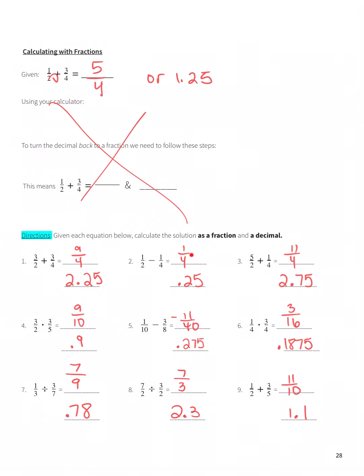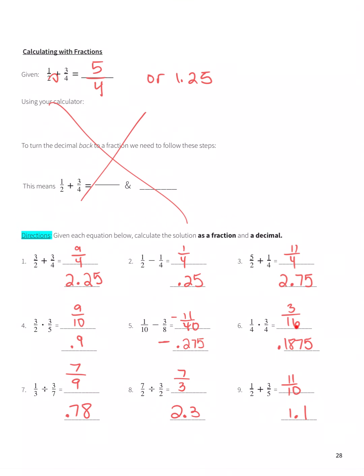So number 2, 1/4 or 0.25. Number 3, 11/4 or 2.75. Number 4, 9/10 or 0.9. Number 5, ooh, we got a negative 11/40, or negative 0.275.